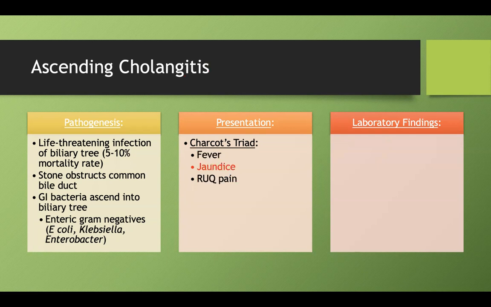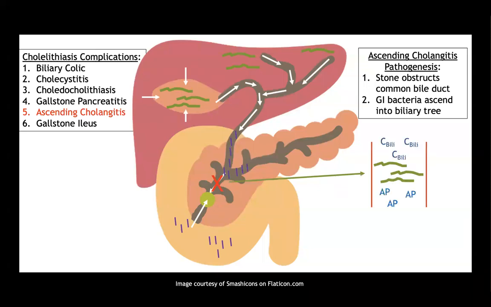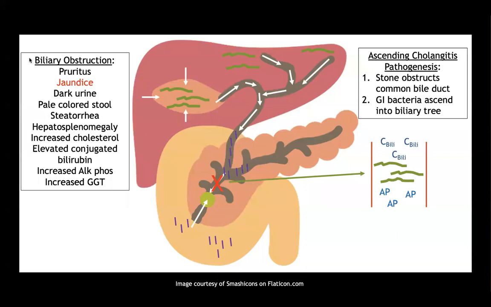But the difference with ascending cholangitis is that because it is in the common bile duct, it should also cause obstructive symptoms like jaundice. So if you have bile leaking out into your bloodstream, all these biliary obstructive symptoms are possible in ascending cholangitis, in addition to that fever and right upper quadrant pain.